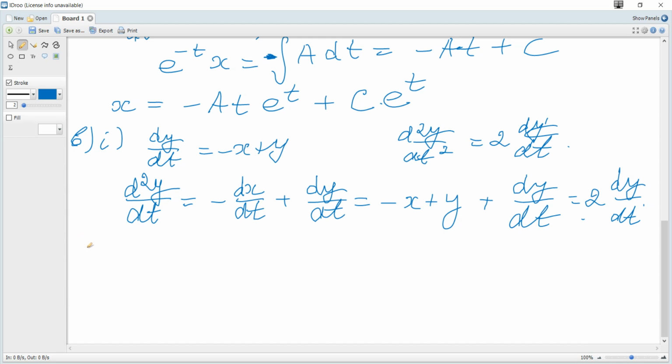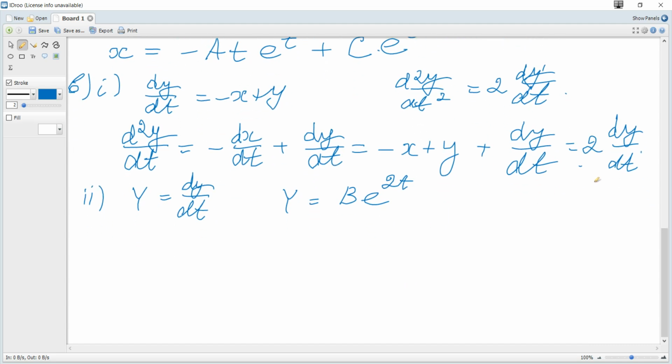Next, by substituting capital Y = dy/dt, show that Y = b e^(2t), where b is a constant, 3 marks.